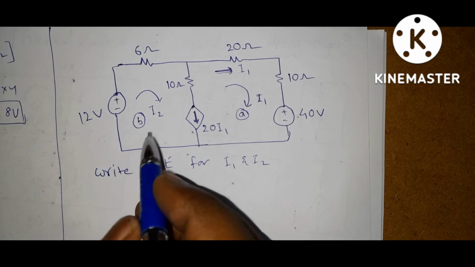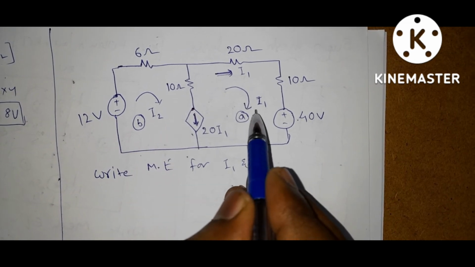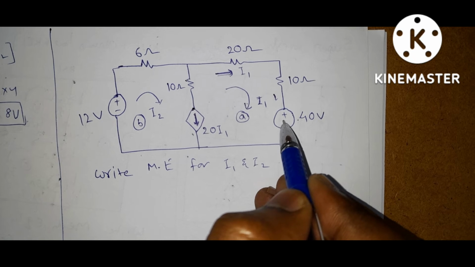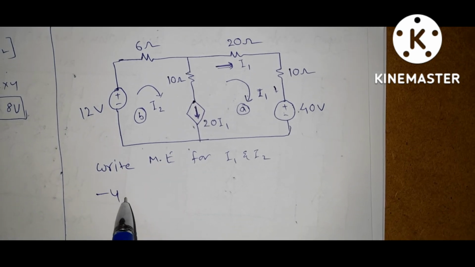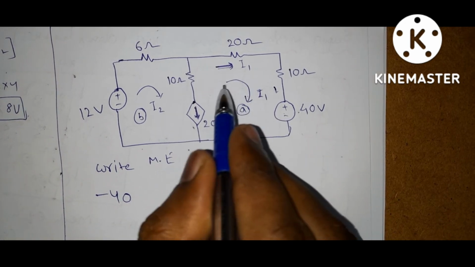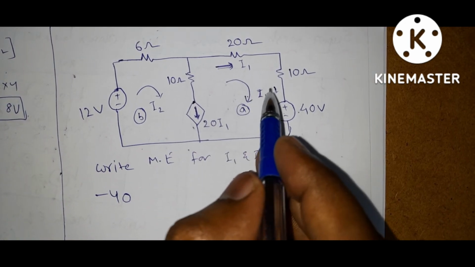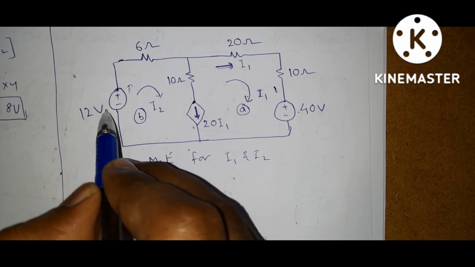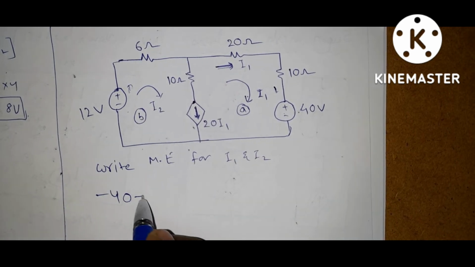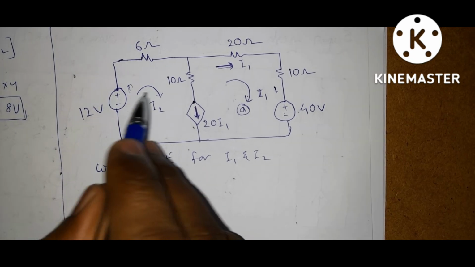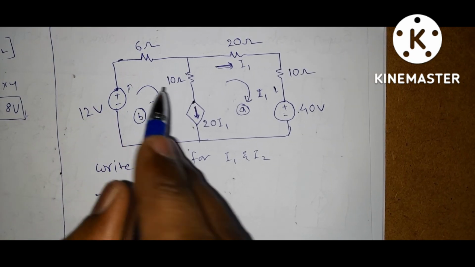Now write the mesh equation. For this loop, the current enters the positive terminal of this 40 volts, so it is minus 40. Coming to this loop, the current is leaving the positive terminal of the voltage source, so here it is plus 12. All voltage sources are completed.